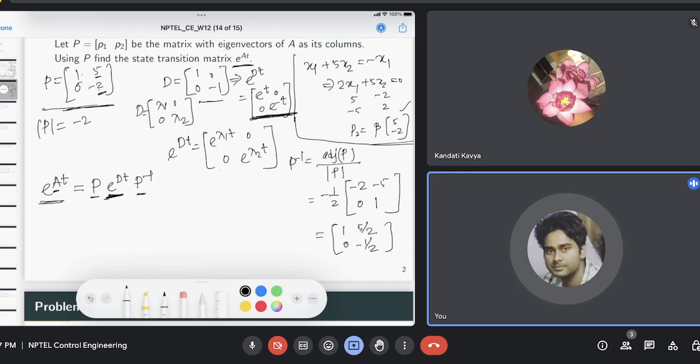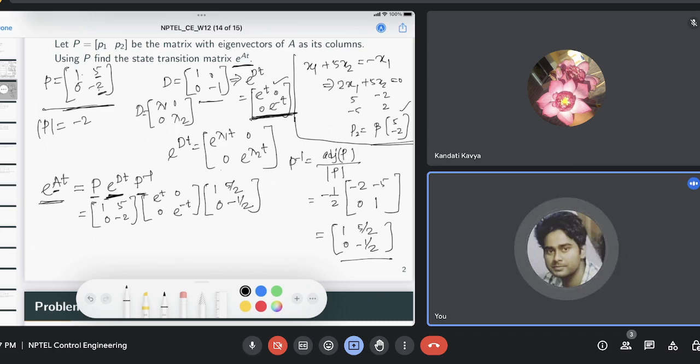Okay, so then we just substitute this P and P inverse and simplify. So P is 1, 5, 0, minus 2, e to the power Dt. We have computed it: e to the power t, 0, 0, e to the power minus t, and P inverse is 1, 5 by 2, 0, minus half.